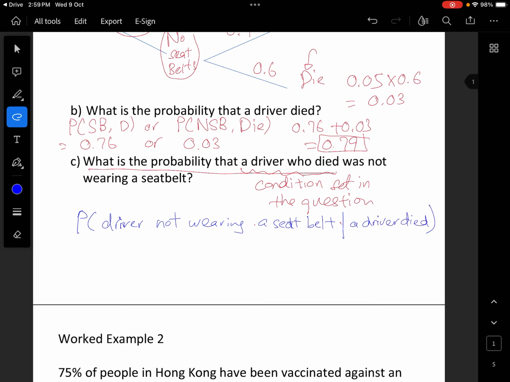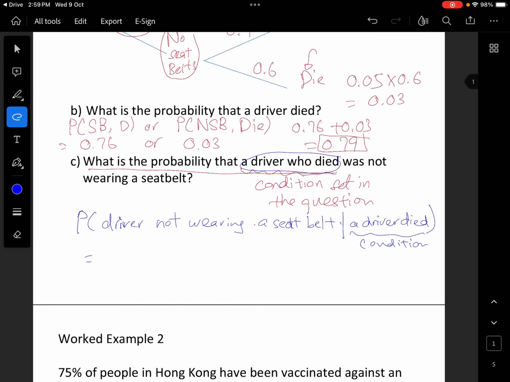Essentially, that is what this question is all about. The driver who died is the condition. Remember, this is the condition. And I want to find out the answer.